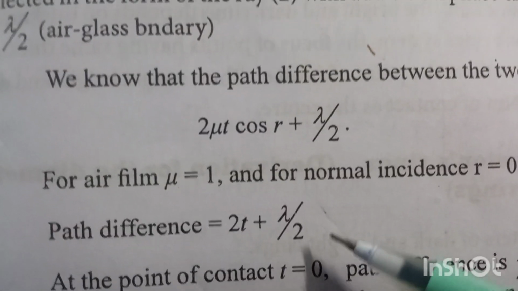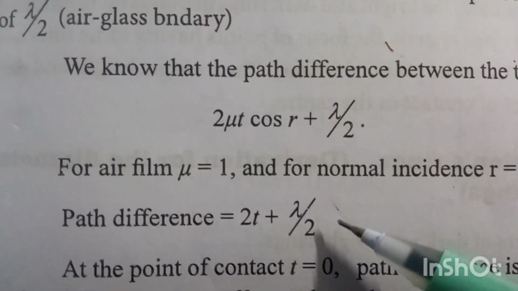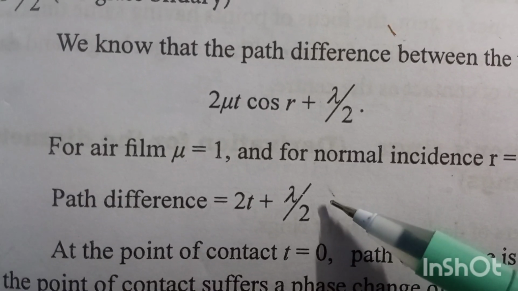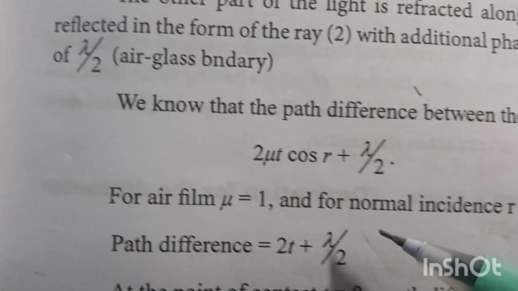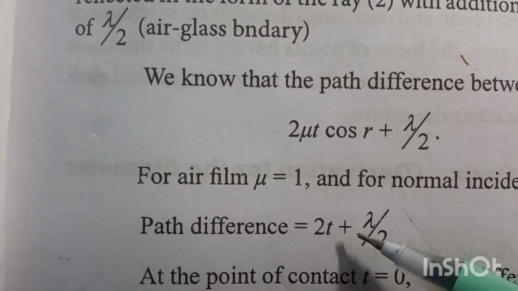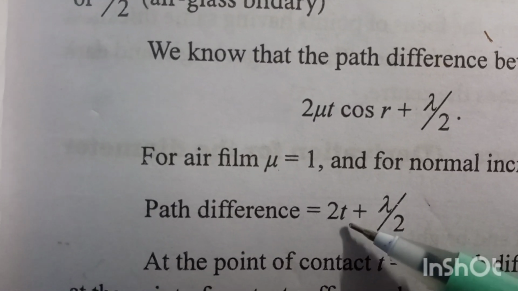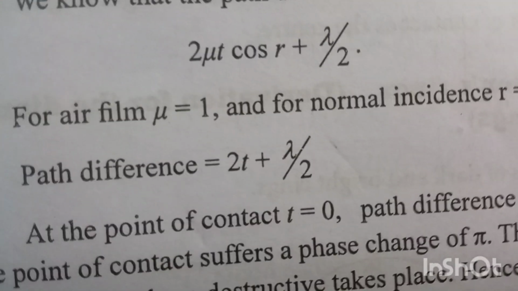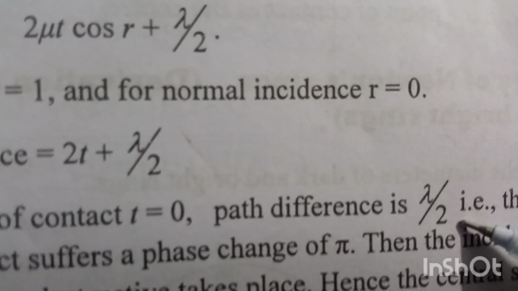Now we can find the central spot. For the central spot we consider the point of contact, where t becomes 0. If t is equal to 0, the path difference is only lambda by 2.